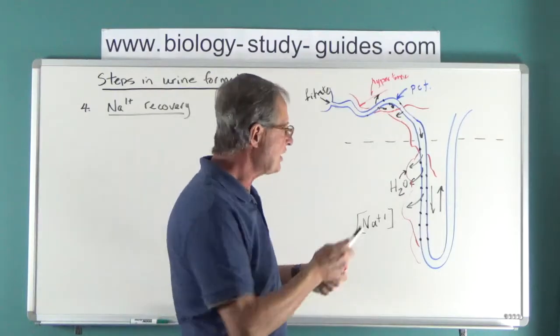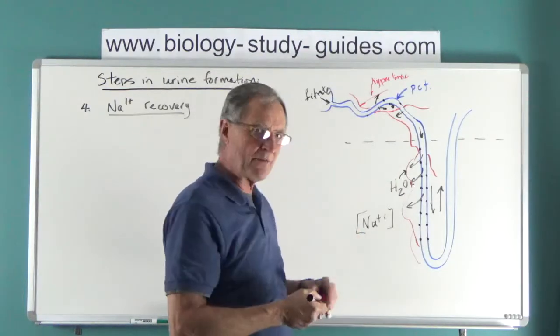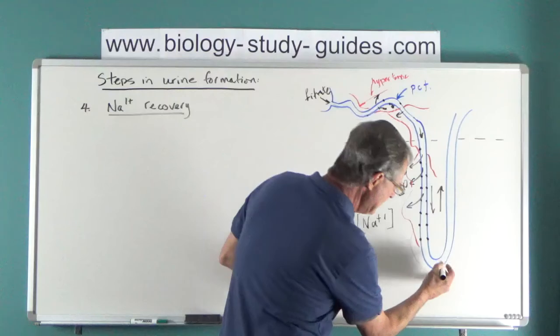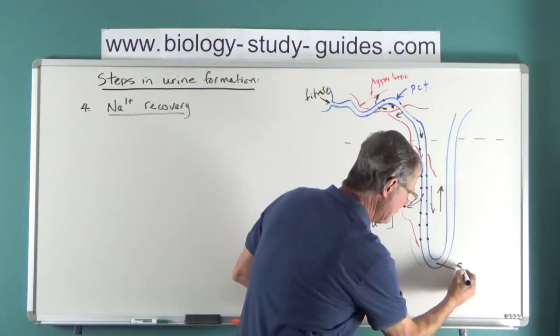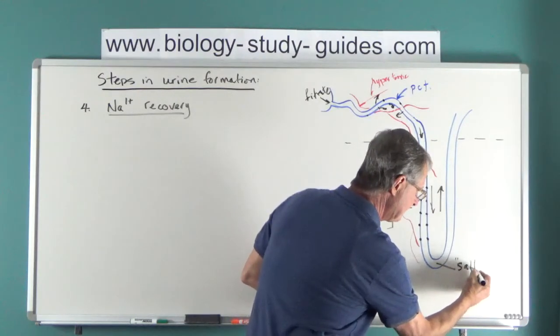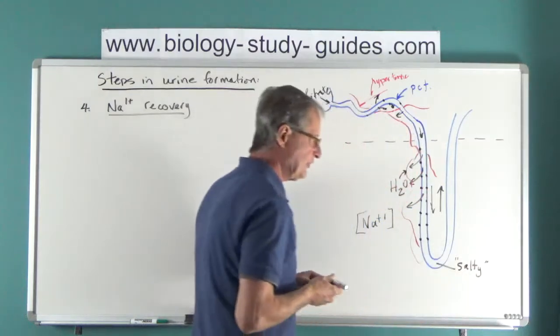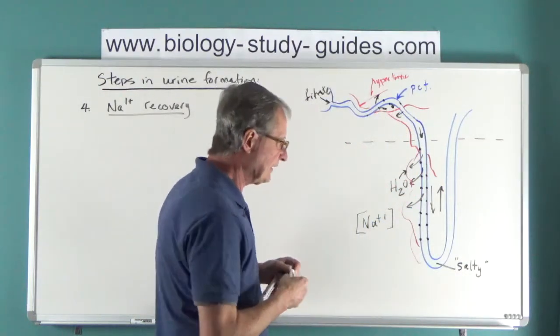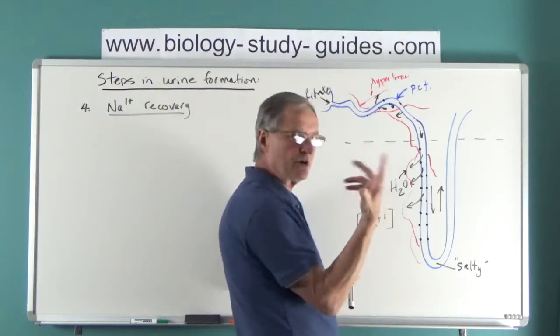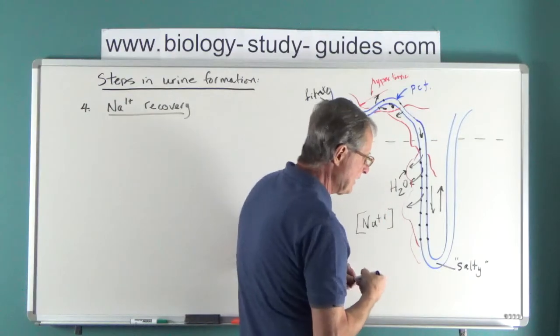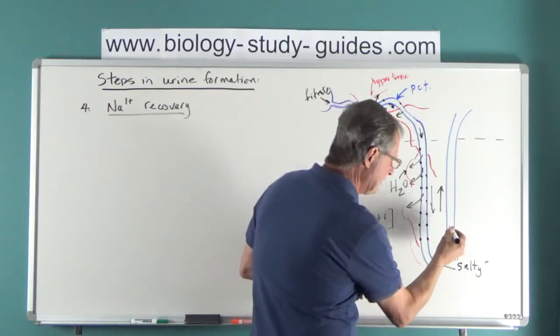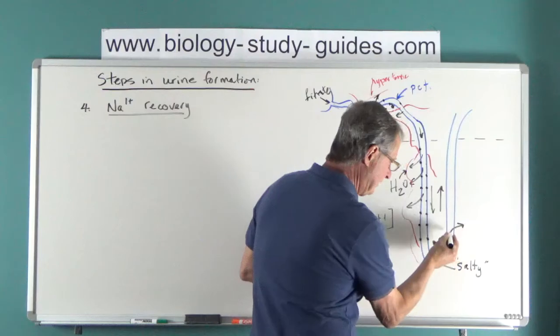Now the specializations on this side of the tube allow that to happen, because in here, let me just put it down, we have salty urine. It's not really urine yet, it still has to be processed somewhat, but we have to get rid of some of the sodium from here.